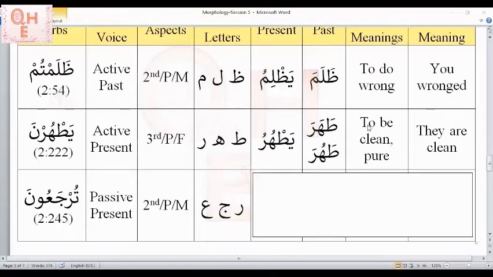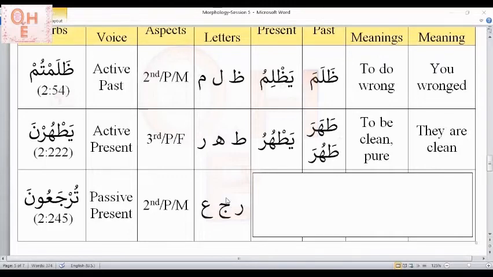The base meaning we found to be clean or to be pure. So what will be our final meaning? Our word is يطهرن. This is active present tense, and the doer is third person plural. The base meaning is to be clean. So we will finalize the meaning as: they, because the doer is plural, and over here the they are female, they are clean.